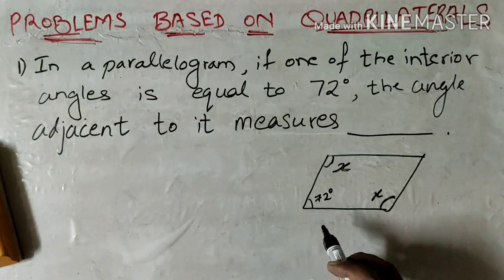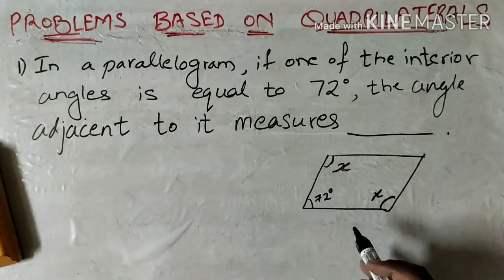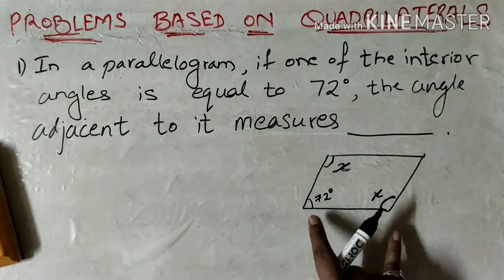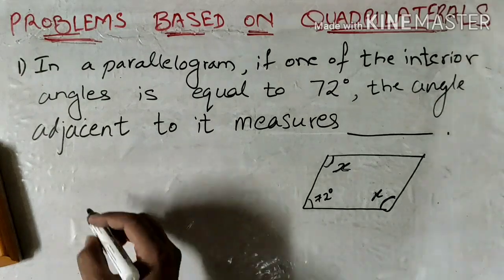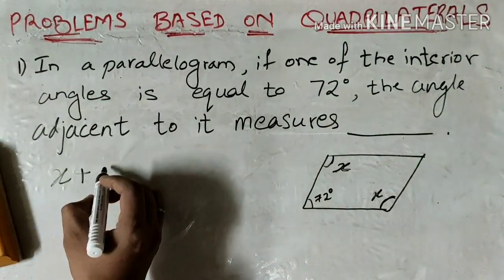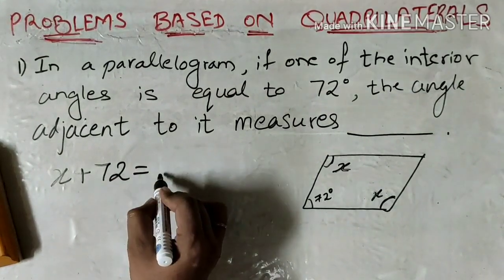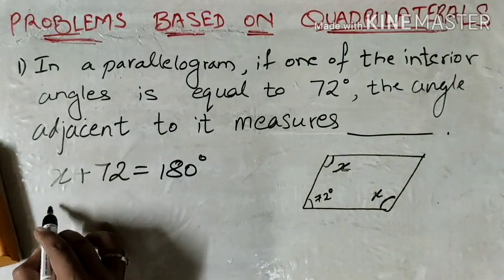So what is the property of a parallelogram? That the sum of the adjacent angles is 180 degrees. That means the adjacent angles are supplementary. Therefore, I can write x plus 72 is equal to 180 degrees.